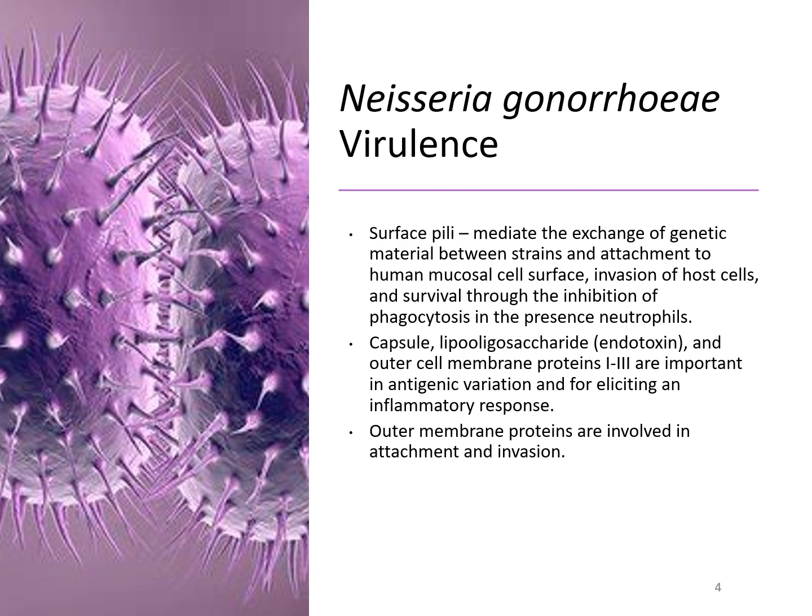The virulence factors include the surface pili, which help this organism transfer genetic material between different strains of the organism. It allows it to attach to the mucosal surfaces, and it also allows it to invade the host.